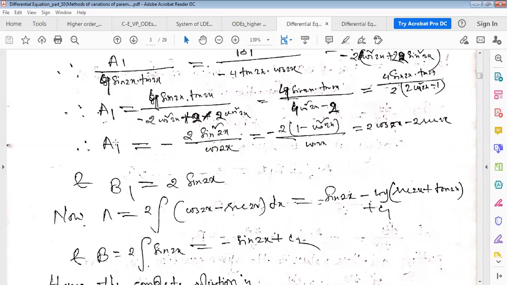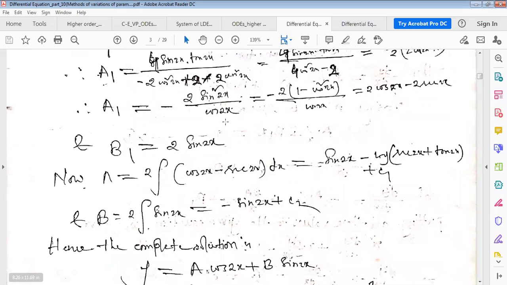So if we remove this differentiation, a equals just integrating on both sides. Integrating on both sides we get a equals 2 into the integration of this, the a1 value: 2 into cos 2x minus 2 sec 2x. So the integration of this will be this one. The integration of sec x is log of sec x plus tan x.